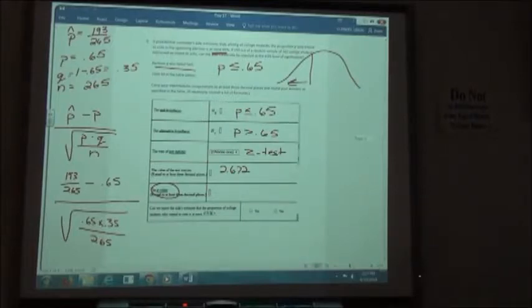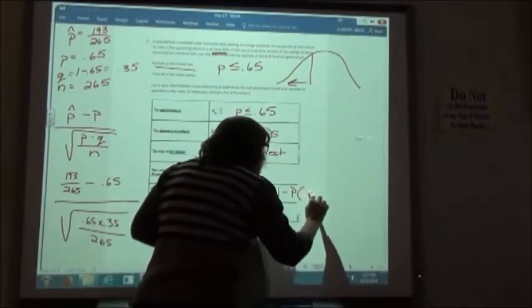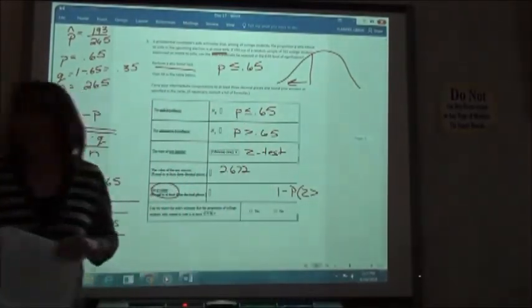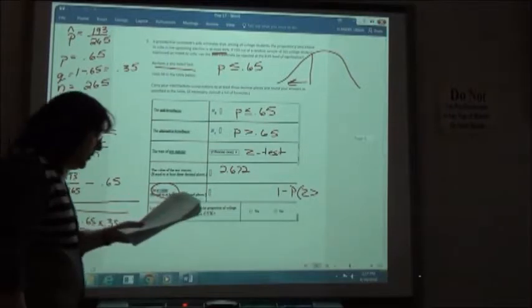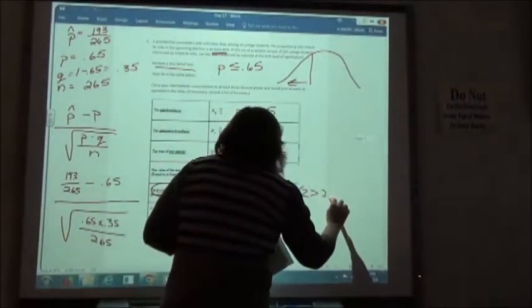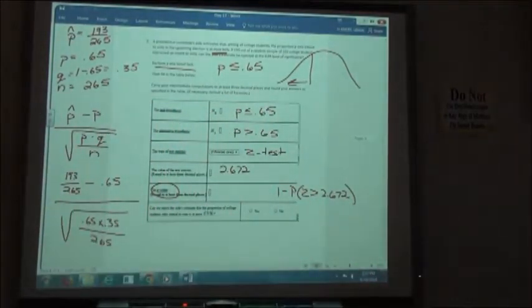Since we're trying to test less than, we have to do the 1 minus in front. 1 minus p of z is greater than, because we want the less, and the calculator does the greater. 2.672. So you have to keep in mind which way the calculator is testing. Most of the tests are all greater than. If you're doing less, then you do 1 minus that.